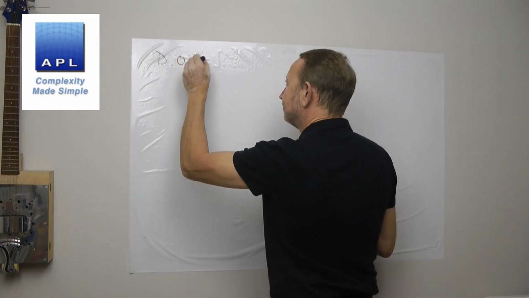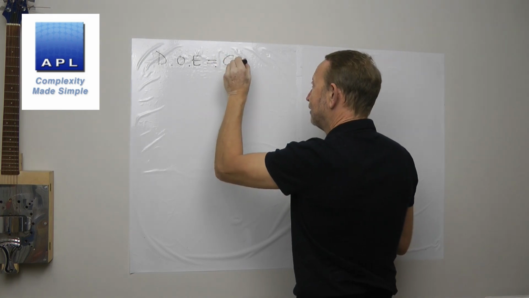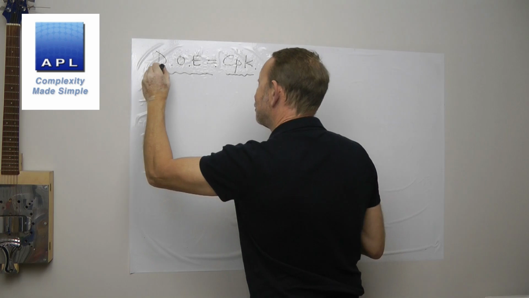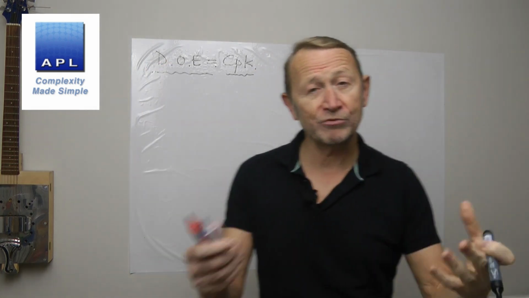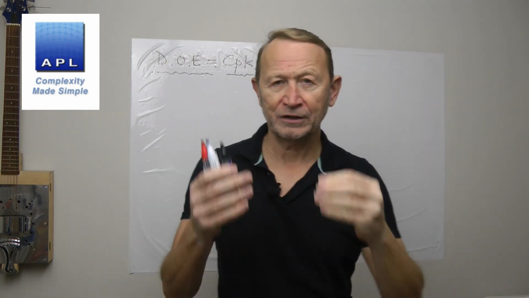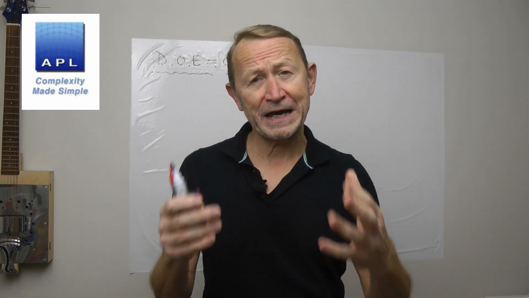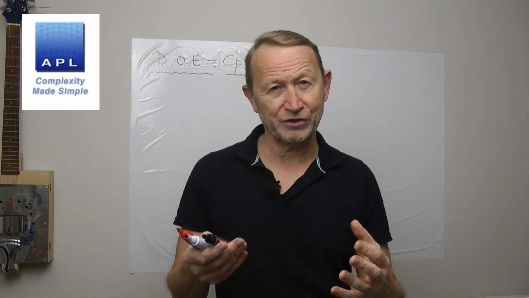DOE equals CpK, because we're going to use the design of experiments. We're going to use the information coming out of the model to predict the CpK, but also, by the way, to make some different business decisions.